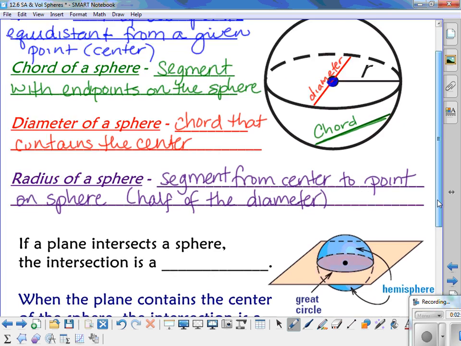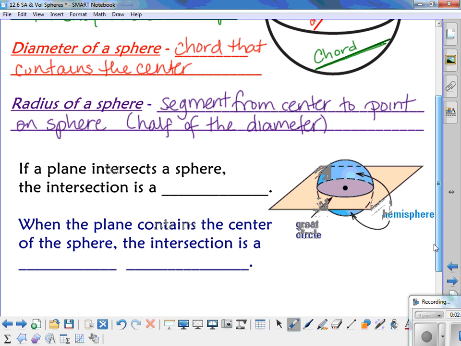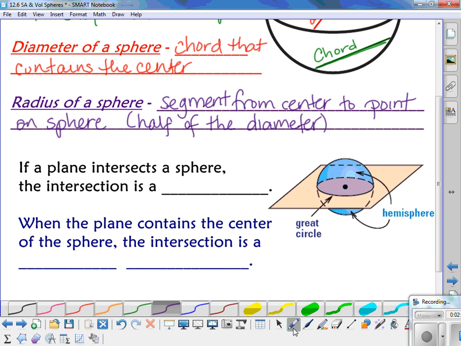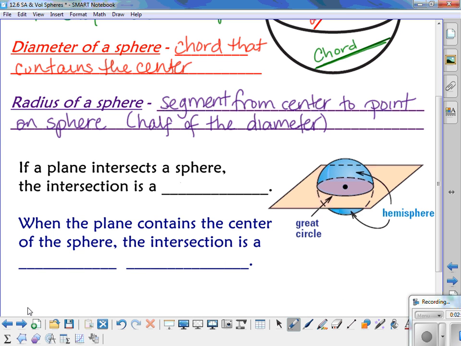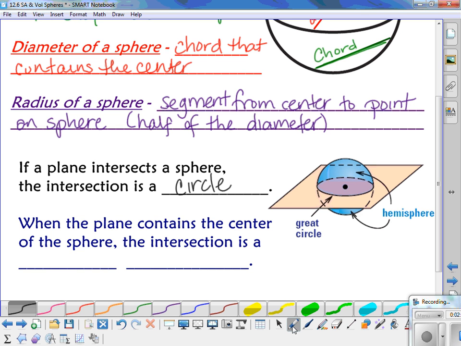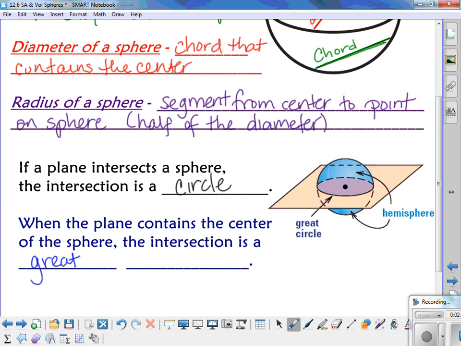When a plane intersects a sphere, the intersection is always going to be a circle. And when the plane intersects through the center, when it contains the center, then the intersection is called a great circle, because that is going to be the largest circle that you'll ever get cutting that sphere.